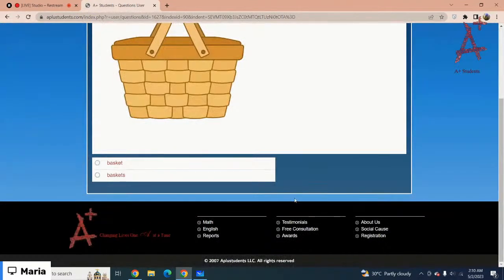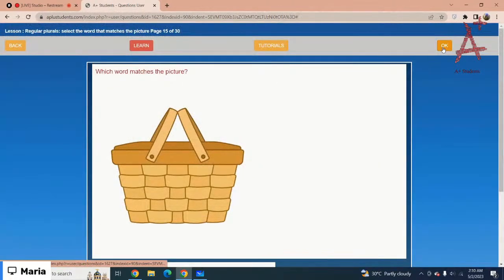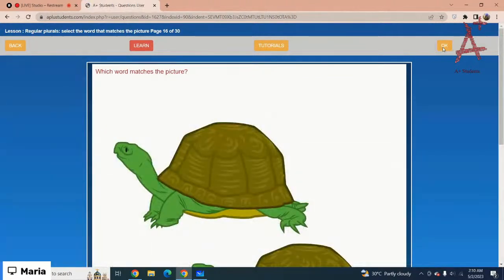Which word matches the picture? Basket or baskets? We have just one, so it would be a basket. Which word matches the picture?